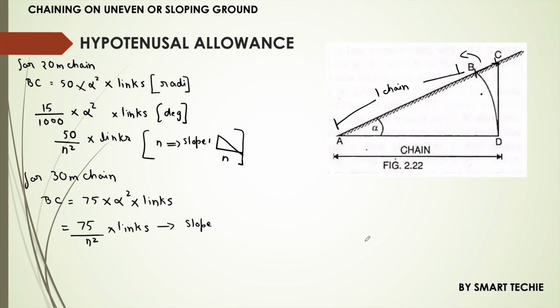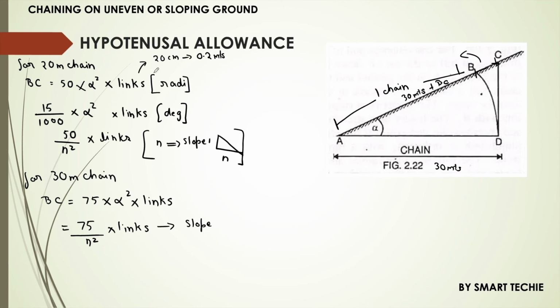If I consider a 30-meter chain, then the sloping distance will be 30-meter chain plus BC. For a 20-meter chain, the distance BC is 50 into alpha the whole squared into length. Length is, as you all know, 20 centimeters, that is 0.2 meters, and alpha is the slope angle with respect to the horizontal.